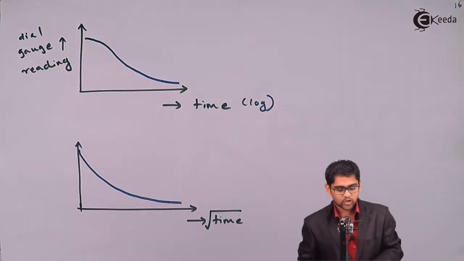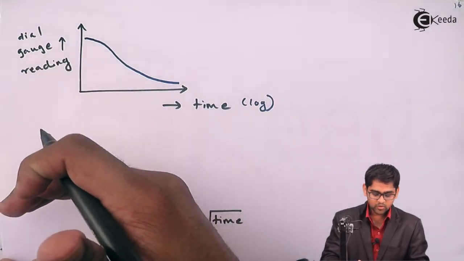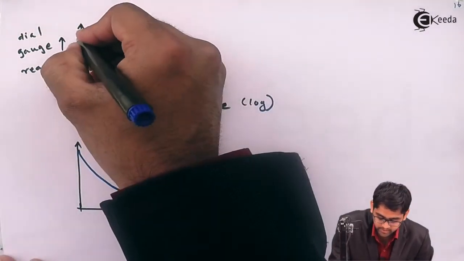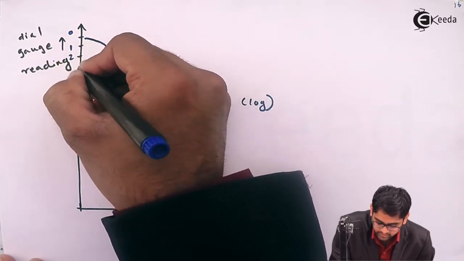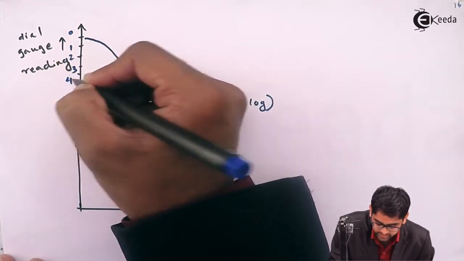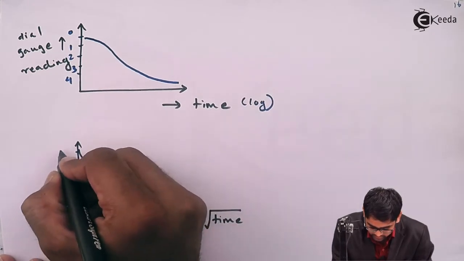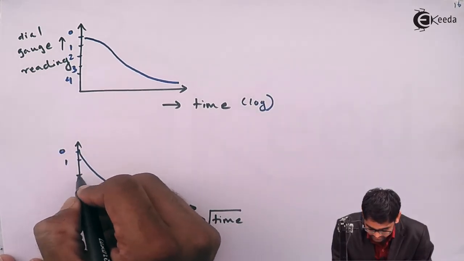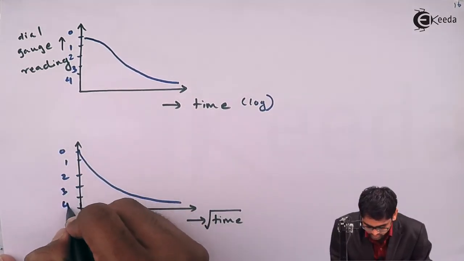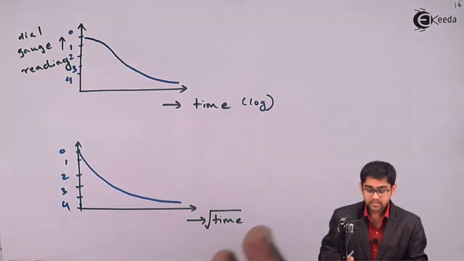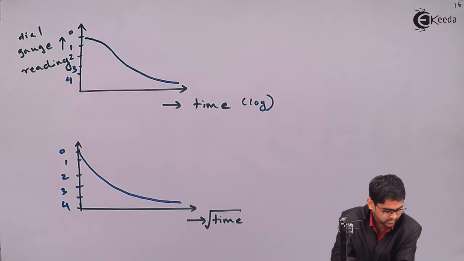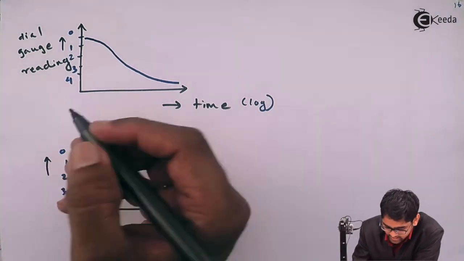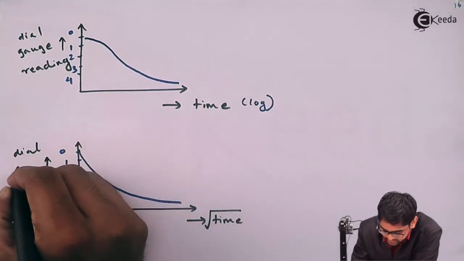As time goes on, your dial gauge reading goes on increasing. Remember, here it's 0, and this increases progressively this way, the dial gauge reading. From here it again increases progressively from the top, otherwise it could be the reverse way. In this case, the y-axis is again the same, dial gauge reading.